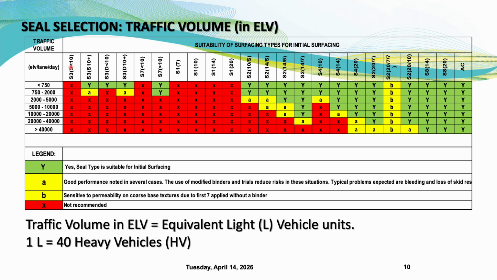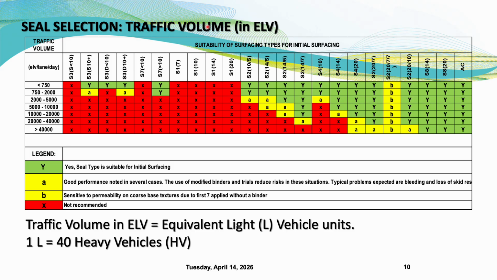Here you've got the seal S3 right through to S8 and even asphalt. So to interpret this table, and we will have 6 of them, you look at the colors, look at the factor that we want to design for.